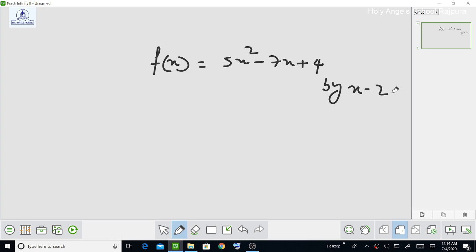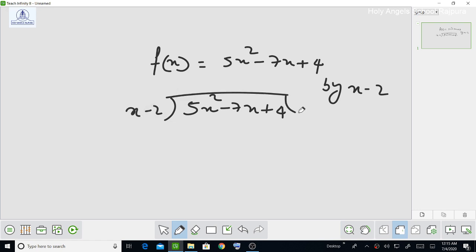Let us see how to get the remainder by actual division. 5x square minus 7x plus 4 divided by x minus 2. To get 5x square, what is to be multiplied with x?